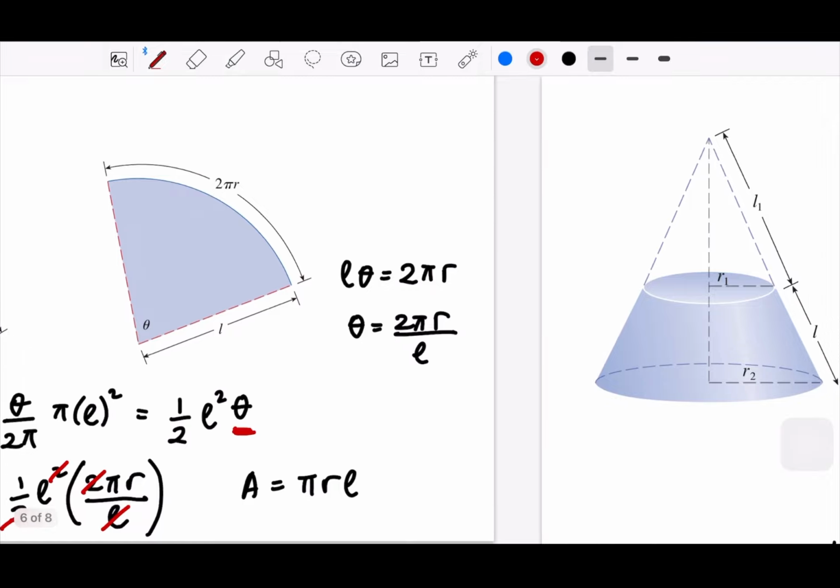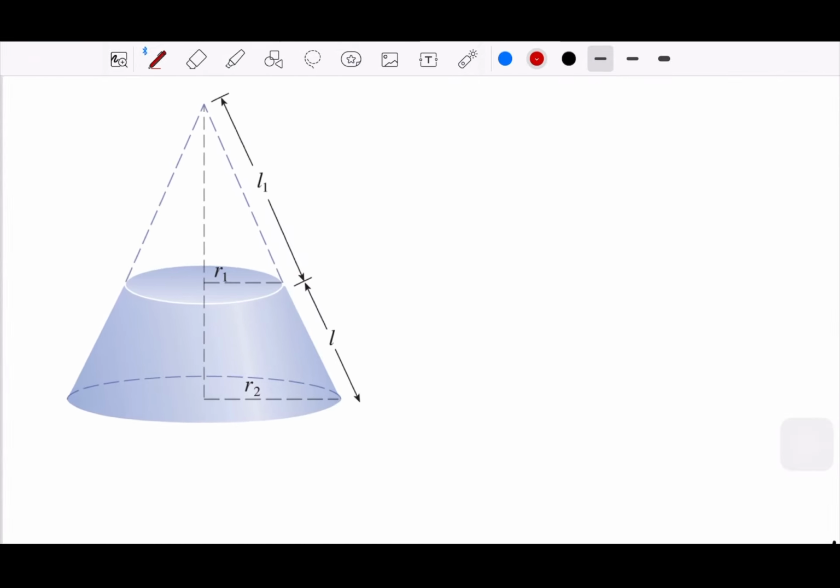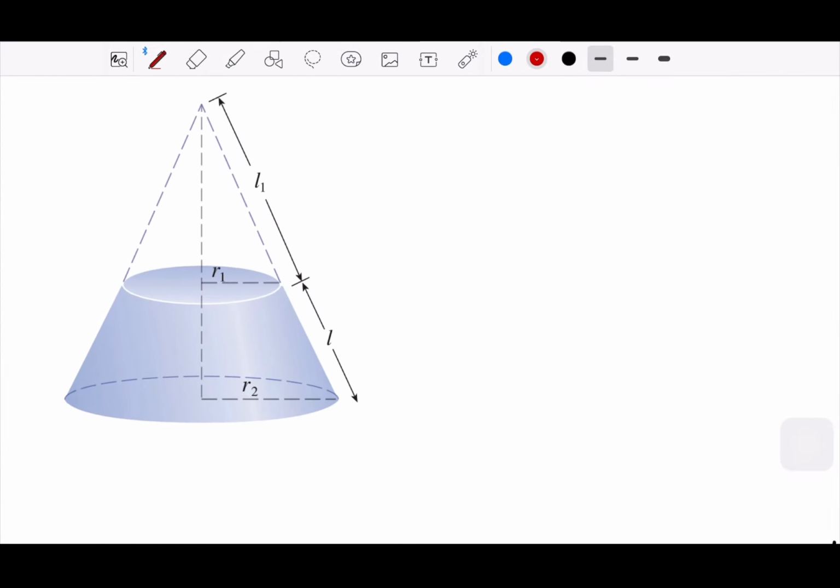Now this is what we are going to approach. We want to know what this area is, this part here, the surface area. How do we find the surface area? The first thing is we know the cone, right?